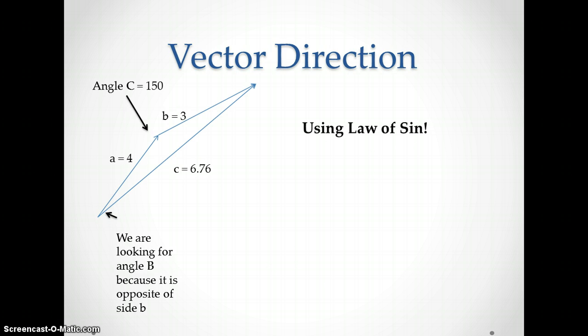So now we use the law of sines. Sine of 150 over 6.76 equals sine of B over 3.